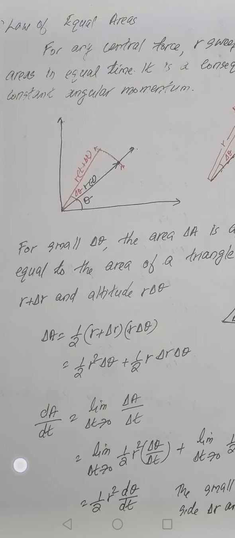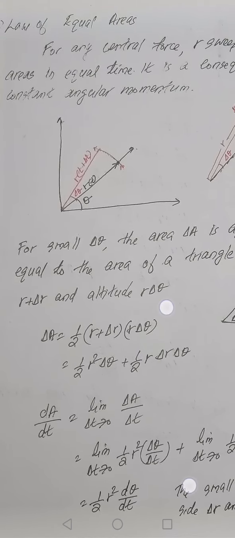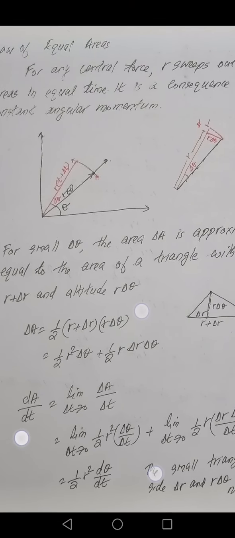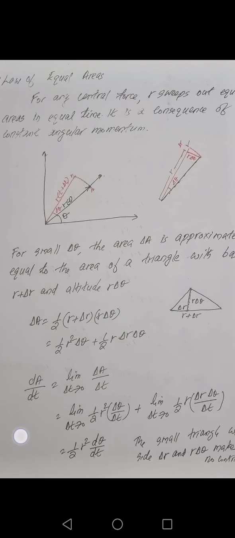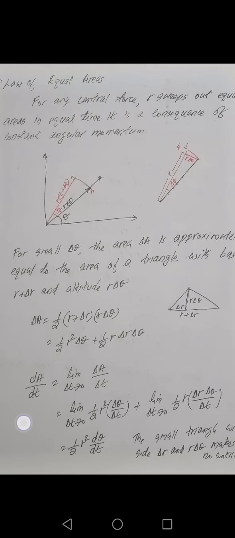It is given by the limit delta t tending to 0 of delta A by delta t. So that is the limit delta t tending to 0 of half r squared delta theta by delta t, plus the limit delta t tending to 0 of half r delta r delta theta by delta t. Here, what is delta r delta theta? That is the area of the small triangle with sides delta r and r delta theta.